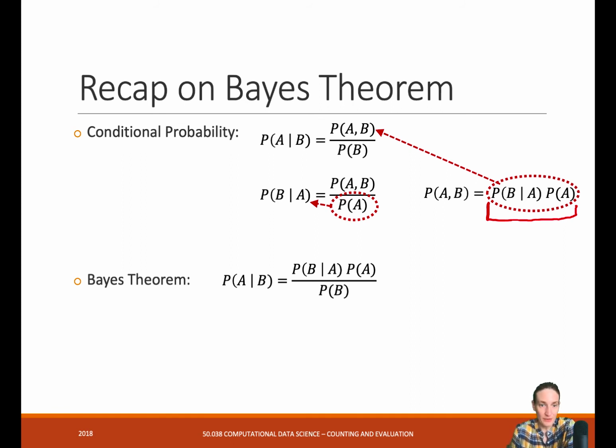Because then we can say that the conditional probability of A given B equals the conditional probability of B given A times the prior of A divided by the prior of B. So this is what they refer to as Bayes' theorem. It basically describes the probability of an event based on prior knowledge of conditions that might be related to the event.